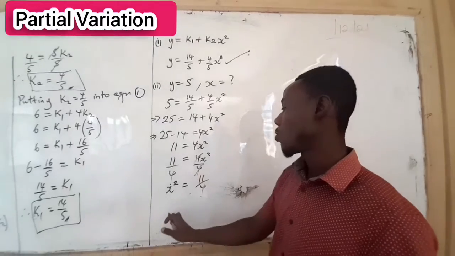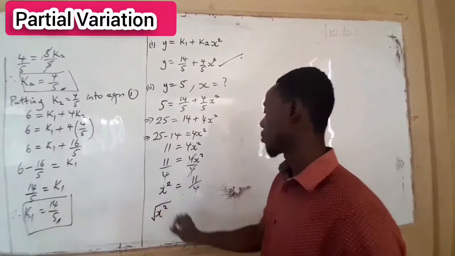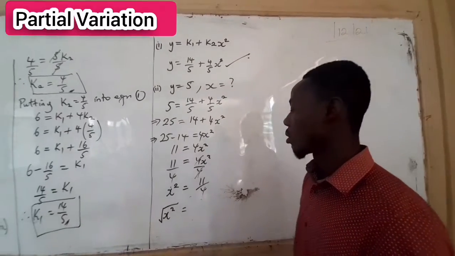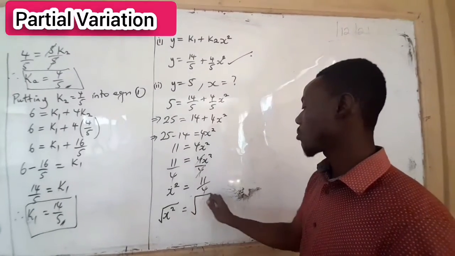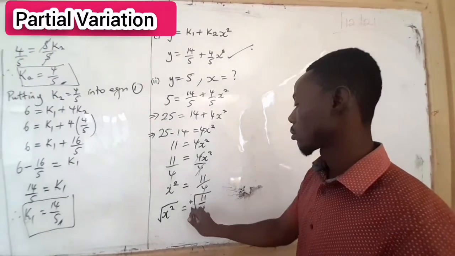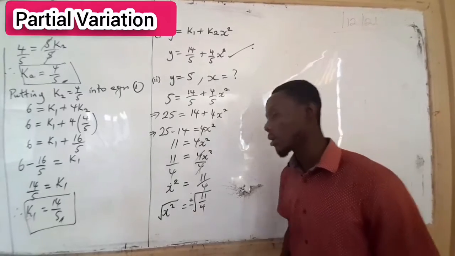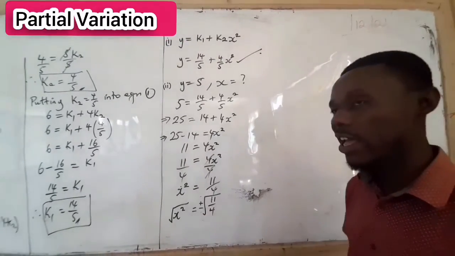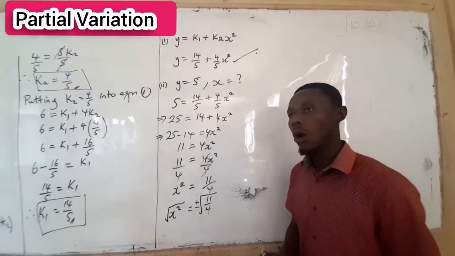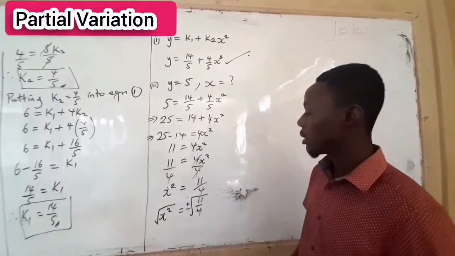Both sides. When we take the square root of both sides, it becomes plus or minus square root of 11 out of 4. This means that the answer can be positive or negative.